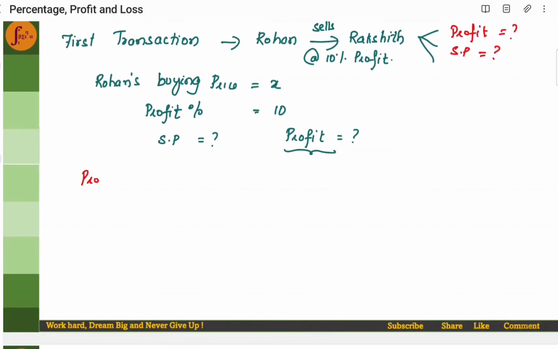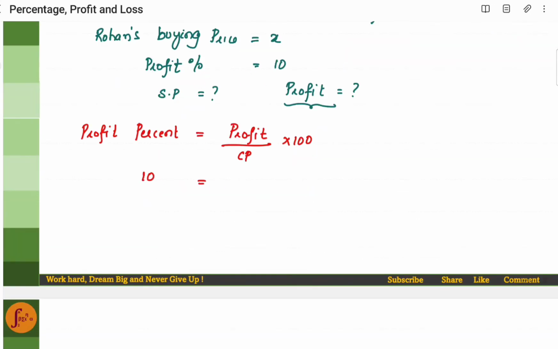How can we find profit? We know the profit percent formula: profit percent is equal to profit by cost price into 100. Profit percent is 10. Profit we don't know, we have to find it. Cost price we assumed to be X, the price at which Rohan bought the tickets.